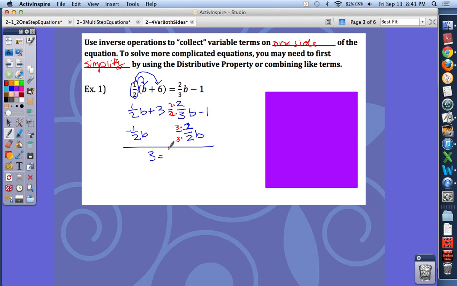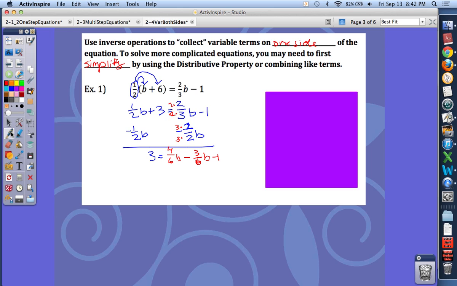So I'm going to have 4/6 b minus 3/6 b minus 1. Now you can combine your like terms. You're going to have 3 is equal to 1/6 b minus 1.